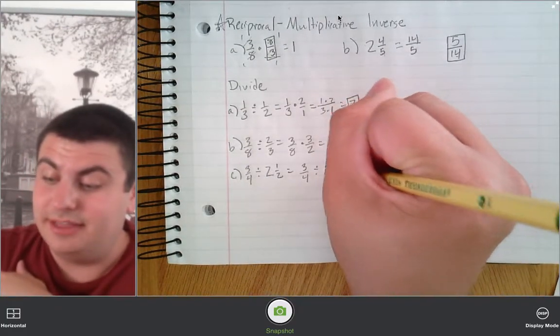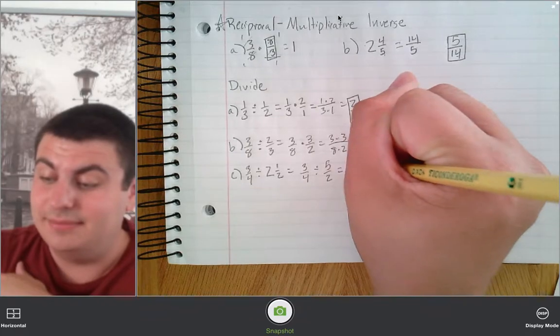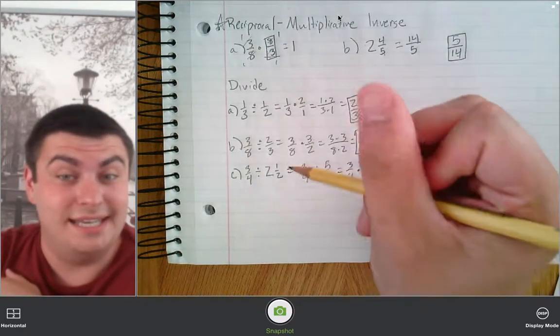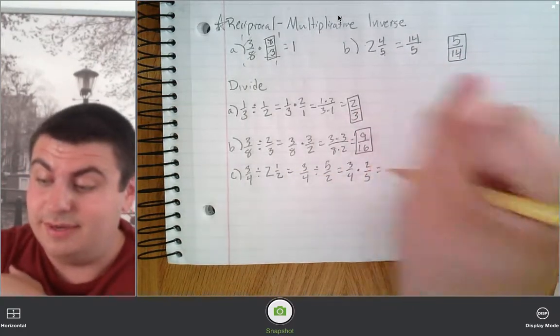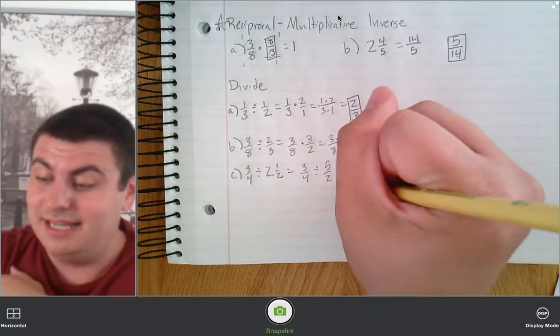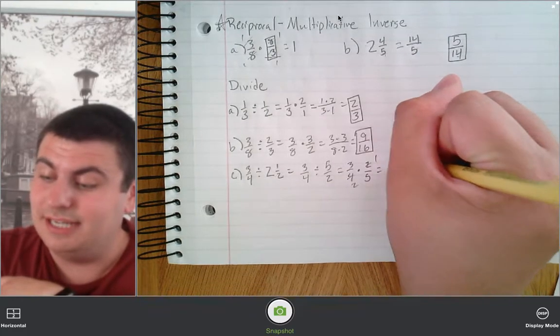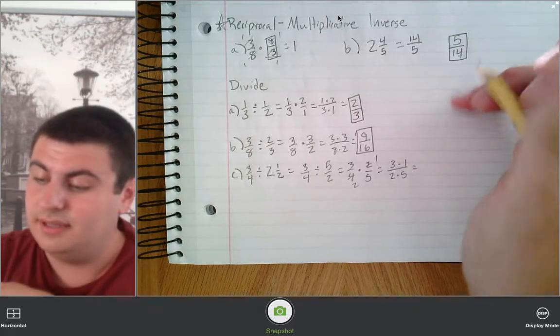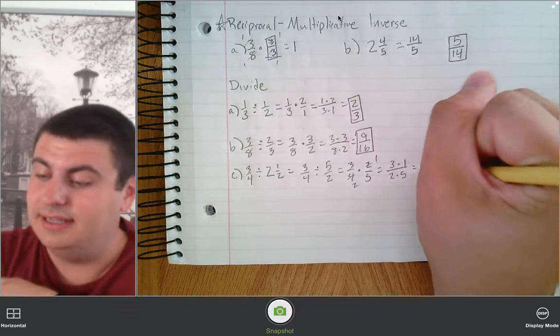So now I'm going to say 3/4 times 2/5. I took the reciprocal of that second fraction. And when it comes to multiplying, I can simplify that 2 and 4. So 3 times 1 over 2 times 5. And we get 3/10.